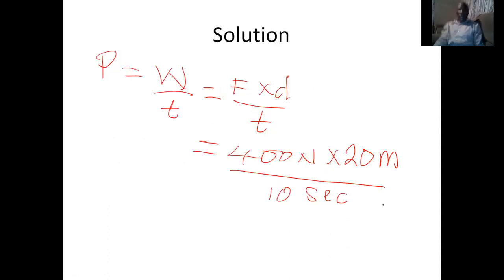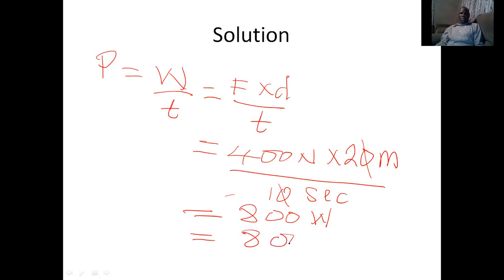When we calculate this, we can divide 10 by 10, leaving 2, and it gives us 800 watts, which is equal to 800 watts divided by 1000, which gives us 0.8 kilowatts.